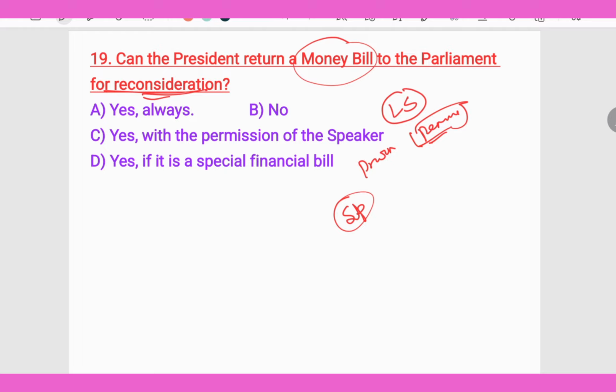Since the president earlier gave permission to introduce the money bill, the president cannot return a money bill to parliament for reconsideration. The answer is option D, no. Because earlier the president already gave the permission to introduce the money bill in Lok Sabha.